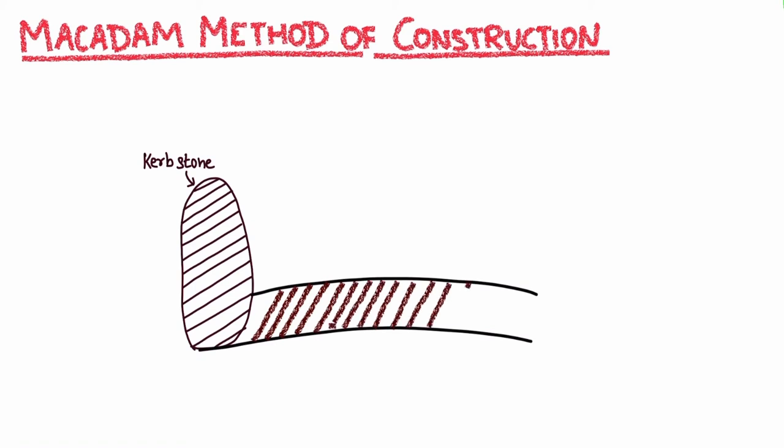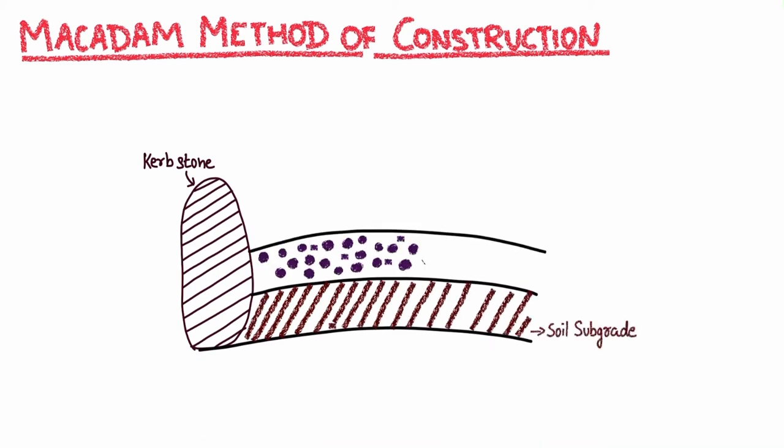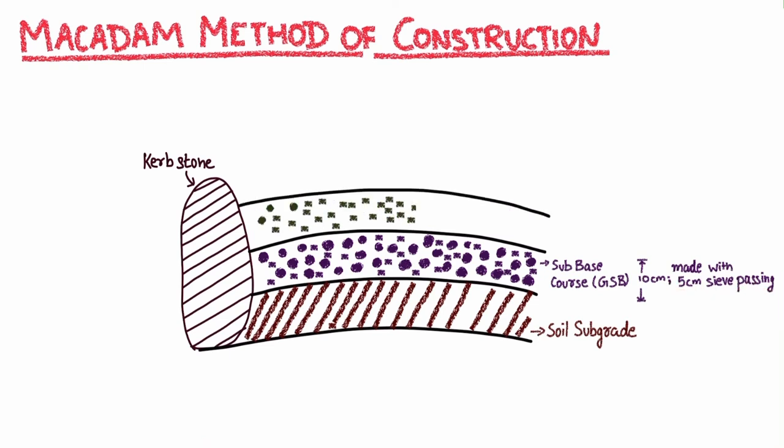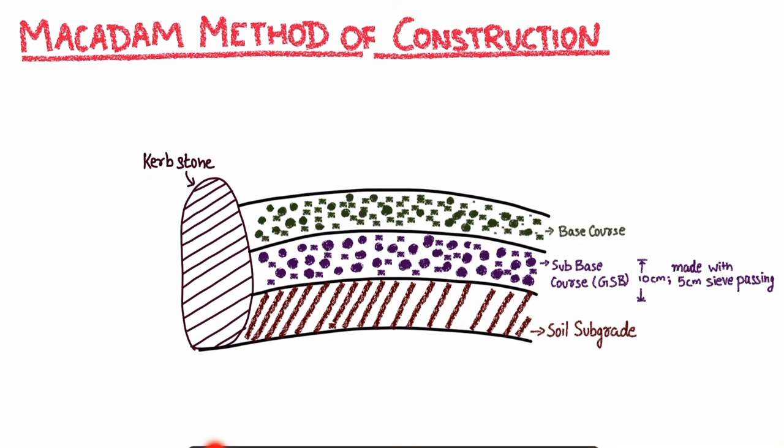And at the bottom, we had a well compacted soil subgrade. Above that, we had a layer of subbase course, that is GSB course, whose thickness was around 10 centimeter, and this layer was made with the aggregate that were passing 5 centimeter sieve. Above that, we had another layer called the base course layer of WMM.